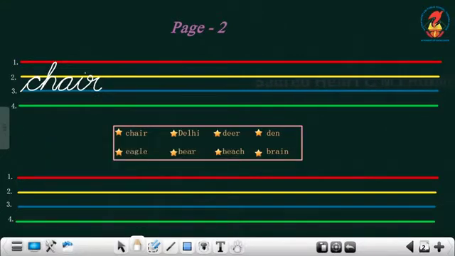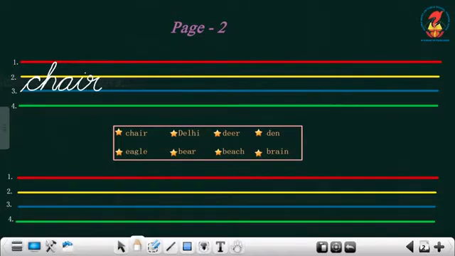So just below the 1st line, all the letters should be slanting as I said before. Come down, make a loop in the 3rd line and go up and there is your D. I'll show it once more.